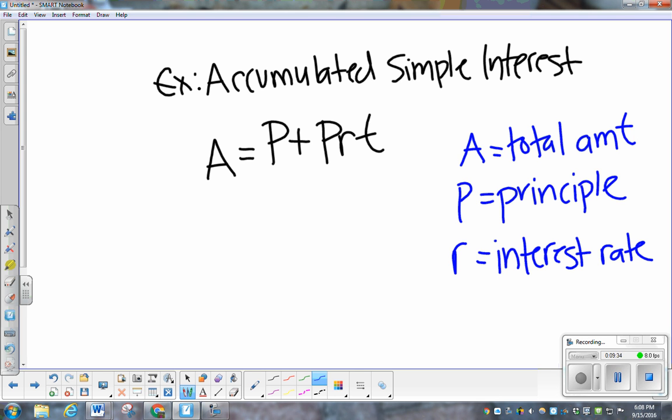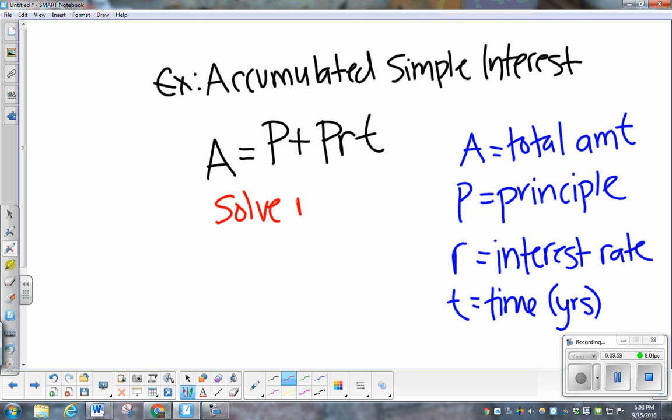That's a lot. I don't think a bank's going to give you 6% interest. Good luck. But that's the interest rate. And so we'll always have like, 6% would be a 0.06 in there usually. And then T is our time, and we measure that in years. So in this problem, the instructions would be to solve for P.